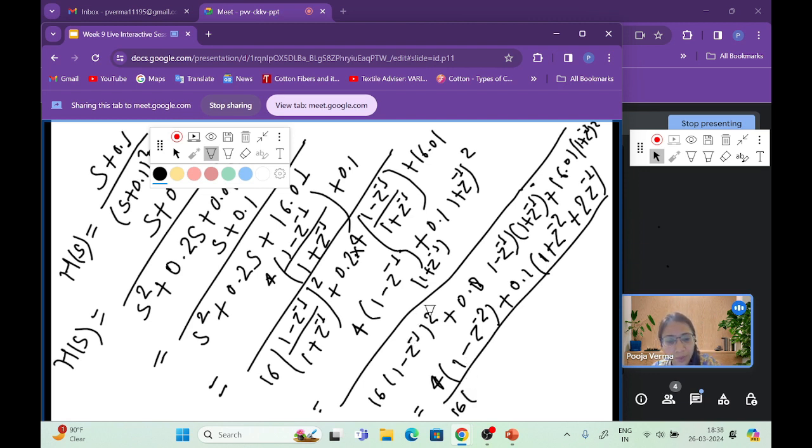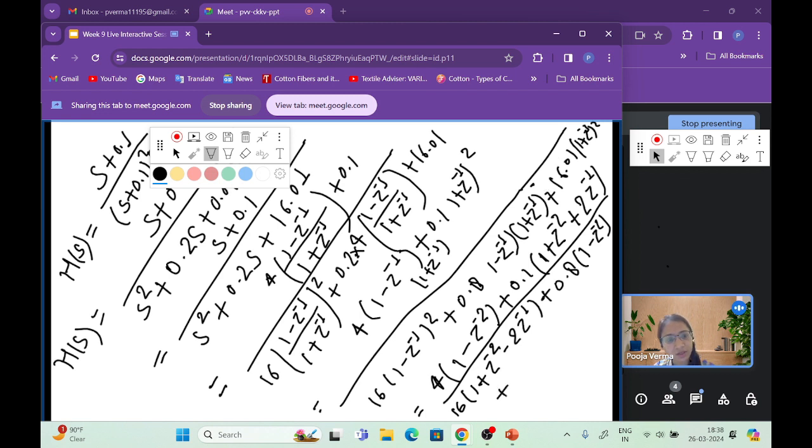If you open that 1 minus z inverse whole square, that will be 1 plus z to the power minus 2 minus 2 z inverse, and that is 0.8 in brackets, 1 minus z inverse multiplied by 1 plus z inverse. What is left? 1 minus z to the power minus 2.